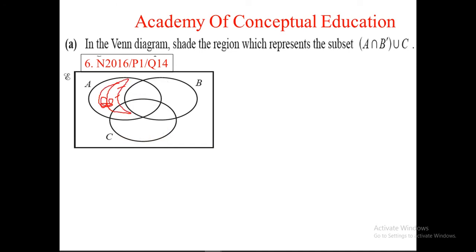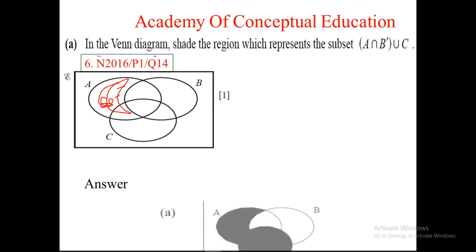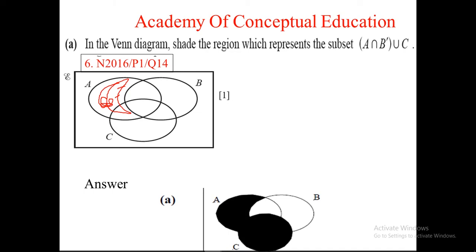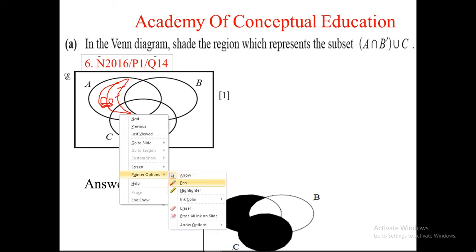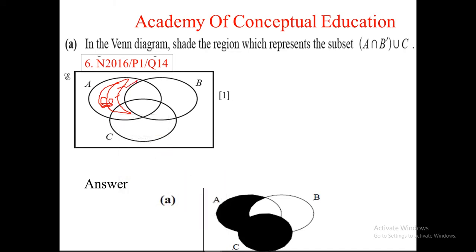But then we have to add the next section, C, also. So this portion represents A intersection B complement, and the other portion, section C, gives us the output for A intersection B complement union C.